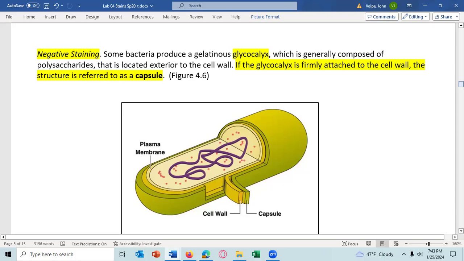So the slime layer cannot be seen with the light microscope, but it can be seen with the electron microscope. The capsule can be seen with both microscopes, most importantly, the light microscope. All right, any question about that?